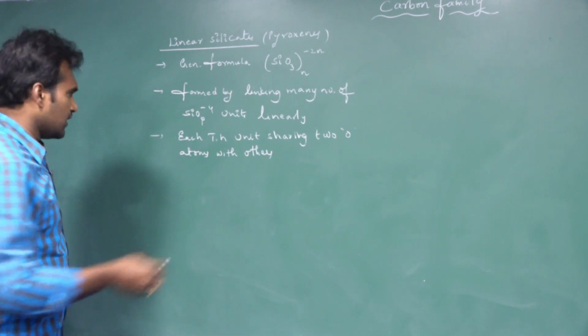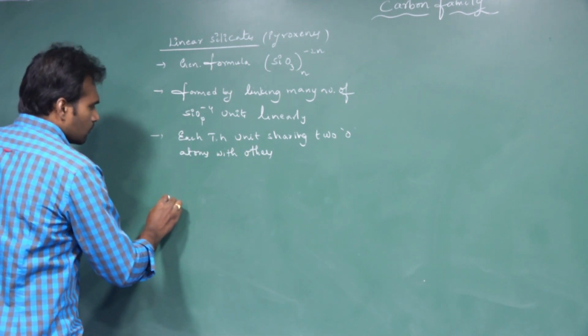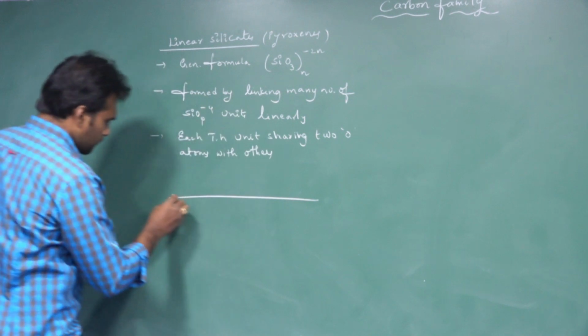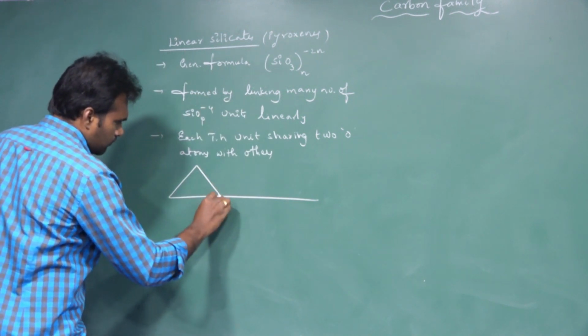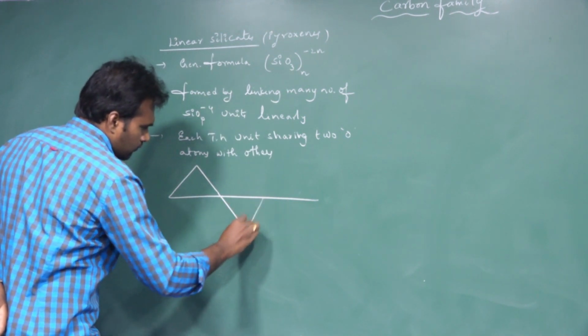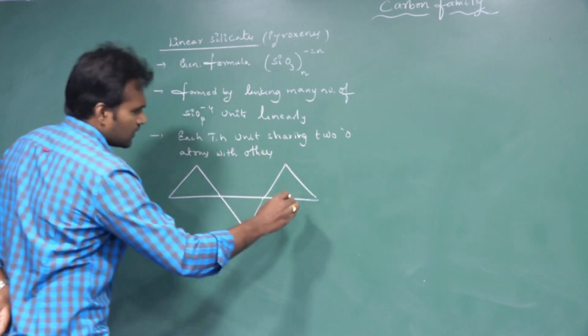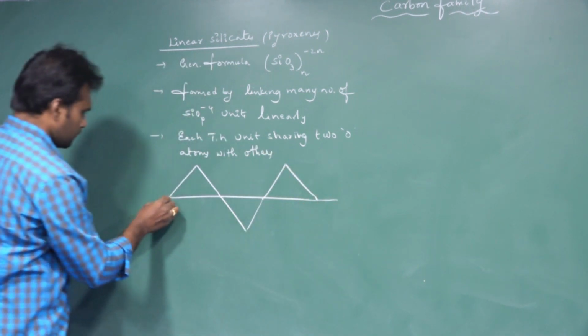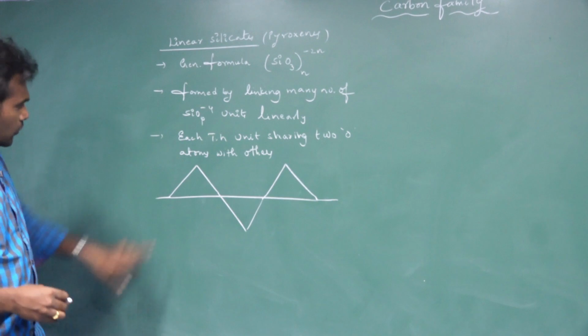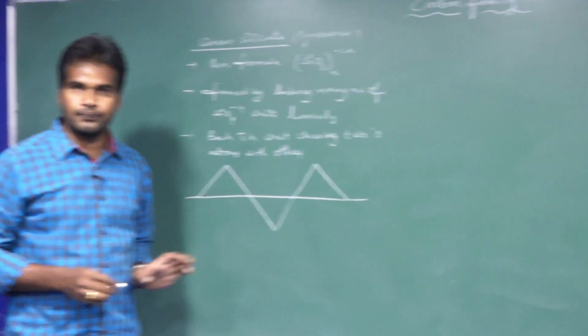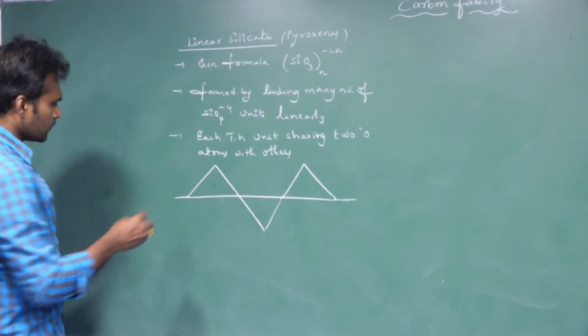The best representation: how many tetrahedral units? 1, 2, 3, 3 tetrahedral units.